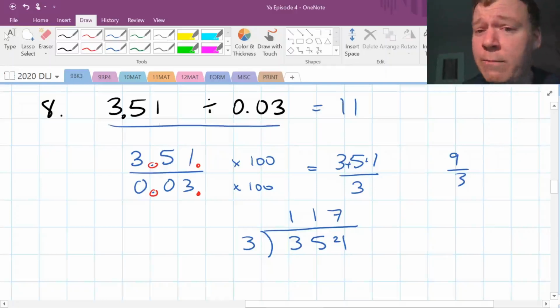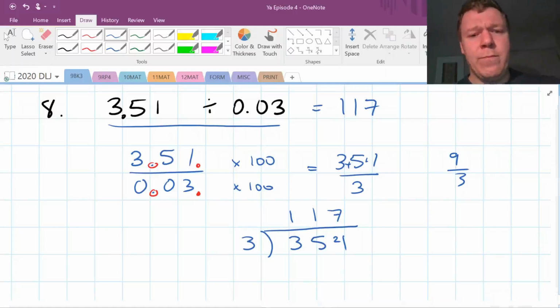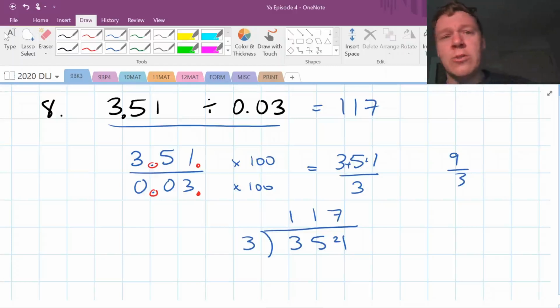And if you don't believe me, you can always check with your calculator. But the idea is that decimals don't actually change the digits that come out in the calculation. They sort of are just moving it along. It's like shifting it by 100 or 1,000, or dividing by 100 or 1,000. But you're using the same digits, so you end up with the same digits in your answer.